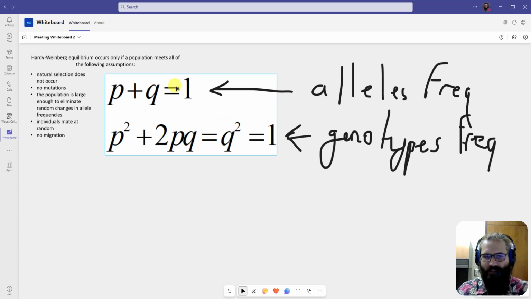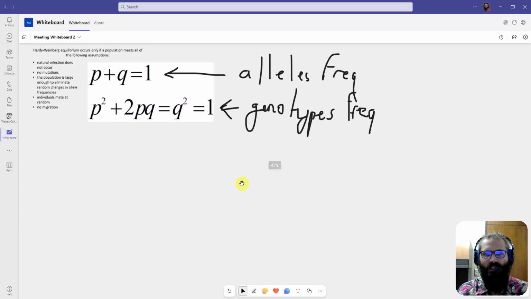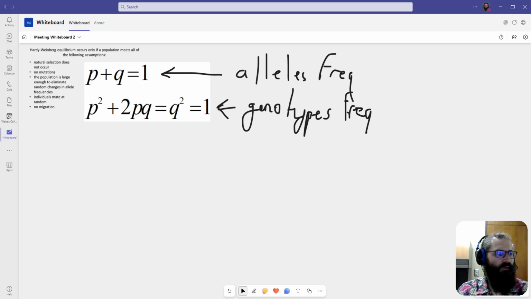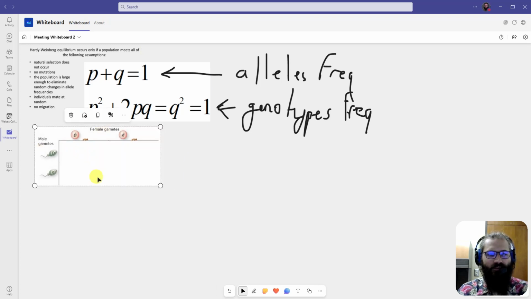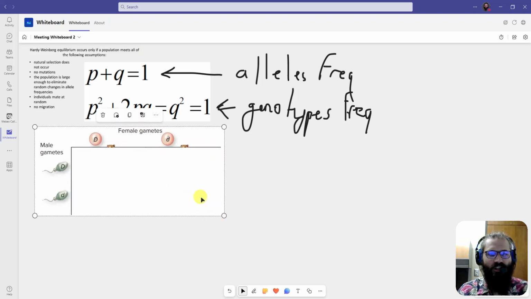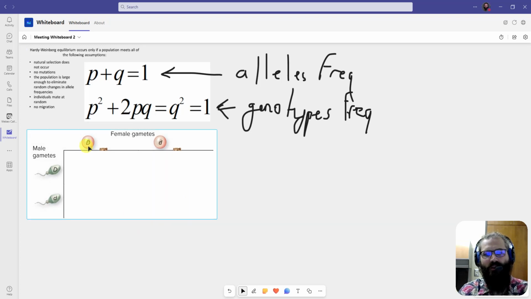Those are allele frequencies. When you look at what these do in genotypic frequencies, you already know where that's coming from. So how do you know? Well, when you look at your simple dihybrid, if you look at the gametes, you have a male and the female gametes here, and imagine the dominant allele being D and the recessive allele being little d, then the male gametes are the same.